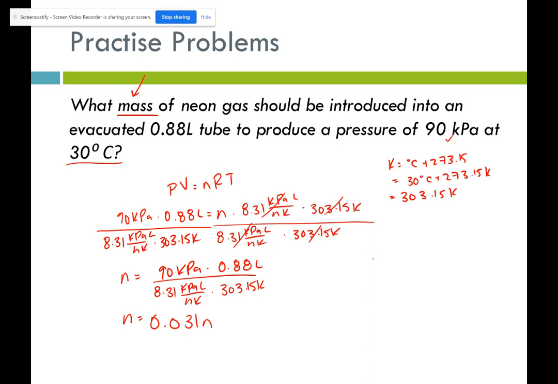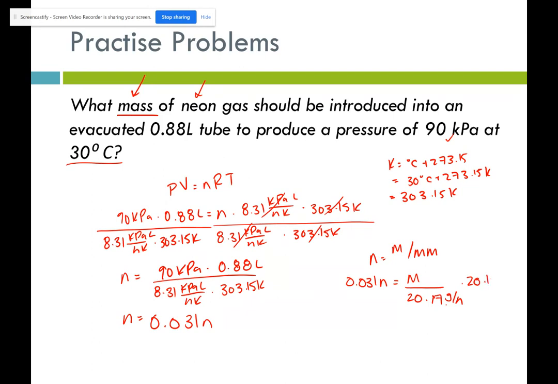Now, it didn't ask for moles though, it asked for mass. So I'm just going to say, well, I know moles is mass divided by molar mass. Moles is given to me, I calculated 0.031 moles. My mass isn't known, but because it's a neon gas, I can look that up on the periodic table. Its molar mass is 20.17 grams per mole.